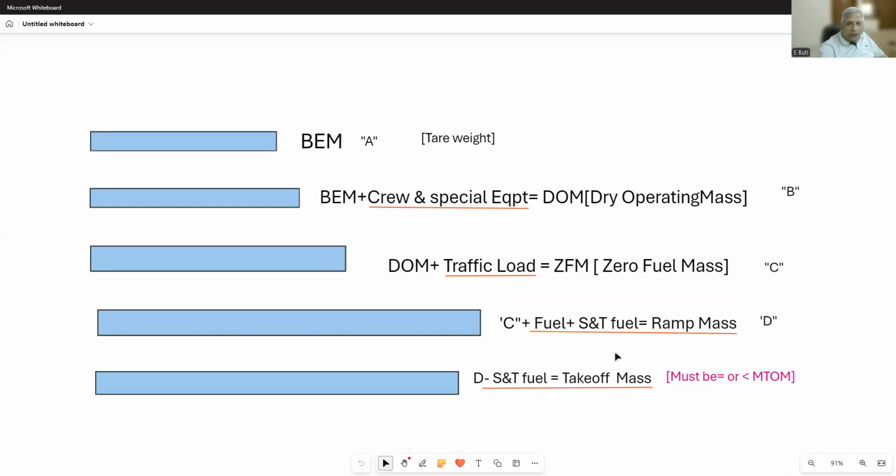At the time of takeoff, the startup and taxi fuel would have been used. So this ramp mass minus the startup and taxi fuel will be your takeoff mass. You must ensure that it is equal to or less than the maximum takeoff mass which is specified for this aeroplane. Right? If needed, go through it again and then go to the next slide.